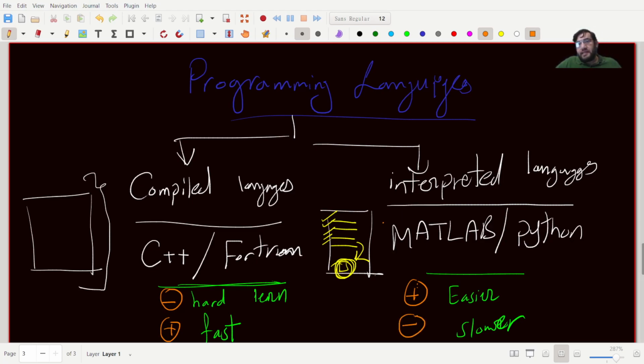How much faster and how much slower depends on the code. How did you write it? Did you really use all the advantages and possibilities in the interpreted languages? Something that we will try to cover during this course.